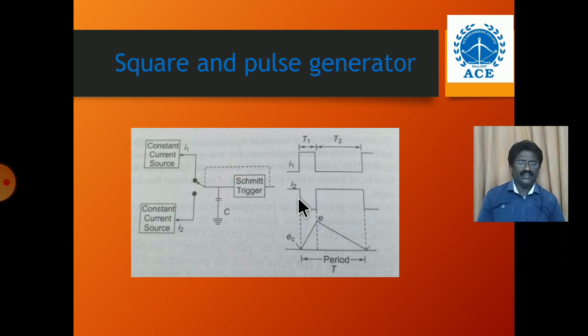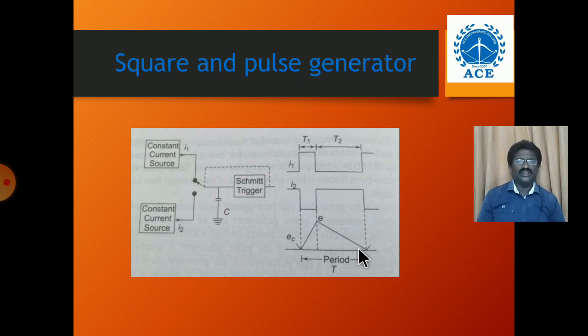The ramp capacitor discharges linearly, and the lower constant current source controls the discharge rate.